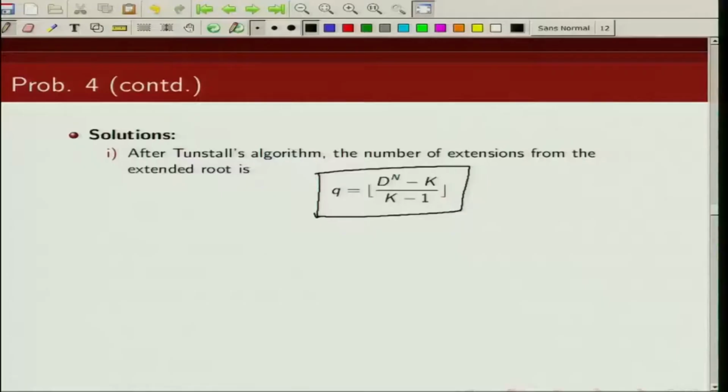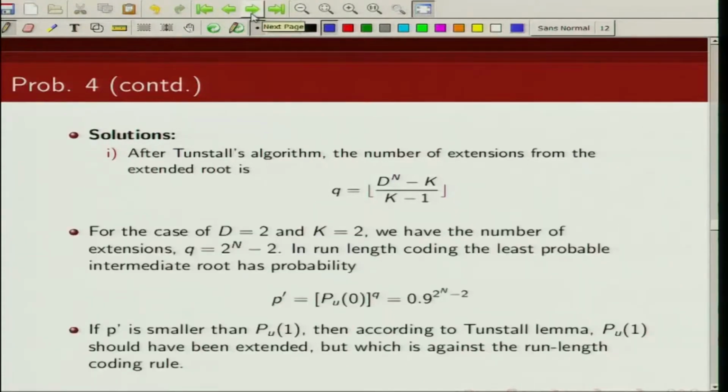So the number of extensions that we would require to create a Tunstall message set is Q, which is given by this expression. Now, in this example, we are considering a binary code, so k is 2, D is 2, and our input takes zeros and ones. So in this case, the number of extensions comes out to be 2 raised to power n minus 2.